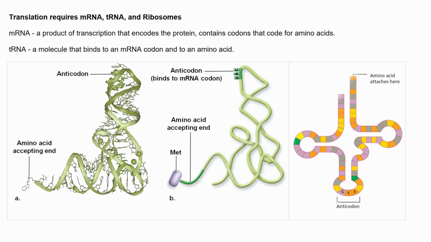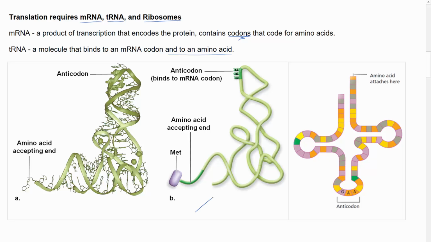Translation requires 3 key things. It requires mRNA, tRNA, and ribosomes. mRNA is the product of transcription that encodes the proteins, and mRNA contains those 3 sequences of bases referred to as codons that code for different amino acids. tRNA is a molecule that binds to the mRNA codon and to an amino acid at the other end.